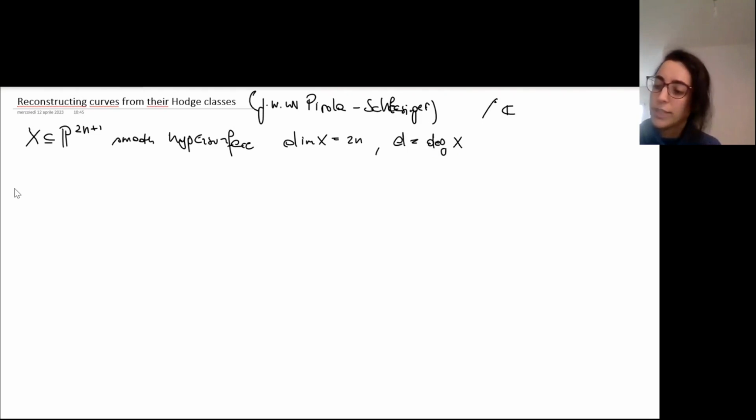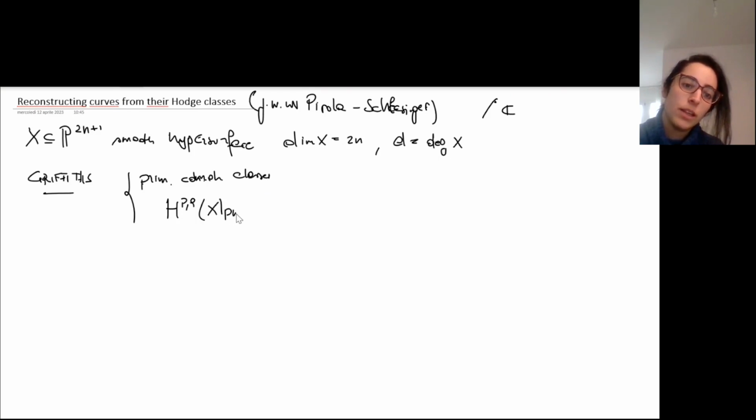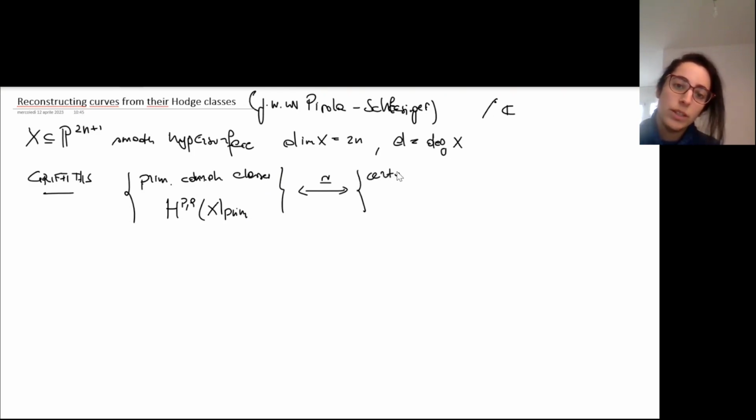And a famous theorem of Griffiths, I do not want to enter into special descriptions, but I just want to say that a famous theorem of Griffiths tells you that there is an isomorphism between primitive cohomology classes, Hodge classes, like H^{p,q}(X) primitive, and a certain degree, I want to write down in general the degree, but a certain degree of the Jacobian ring R_X. Here R_X is the Jacobian ring, not the Jacobian ideal.